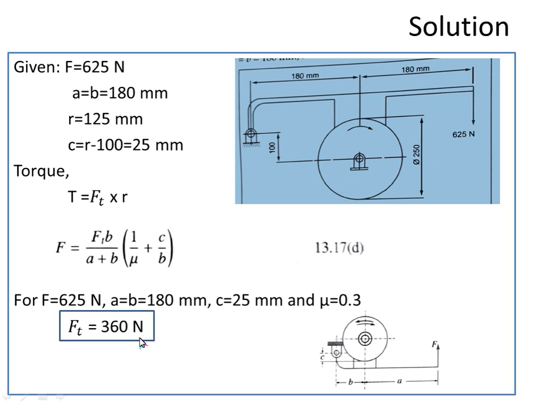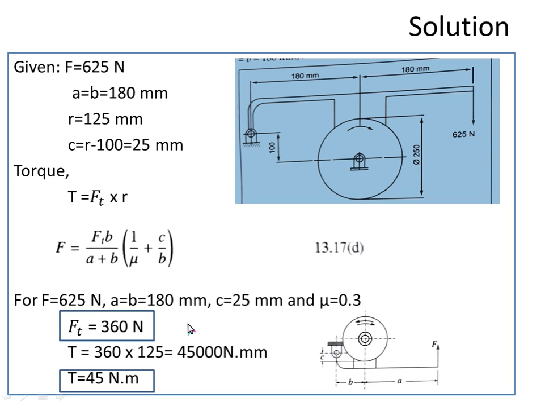After getting the Ft value, you can substitute in the torque equation. You will get the value as 45 Newton meter. Initially it will be Newton millimeter, so we convert it into Newton meter by dividing by 1000. That is how we can calculate the torque based on the given condition.